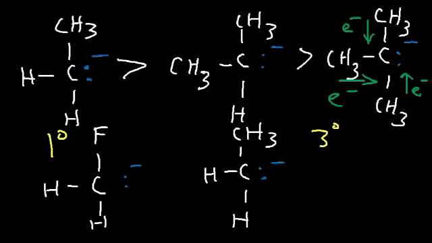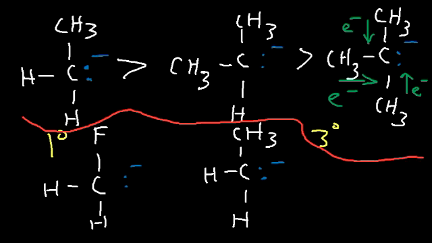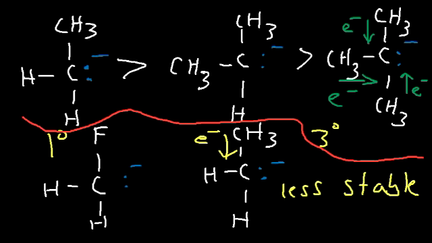The carbanion with the methyl group or the one with the fluorine atom? The methyl group is going to donate electron density to the carbanion, making it less stable. And because it's less stable, it's going to be more reactive. So stability and reactivity are inversely related.